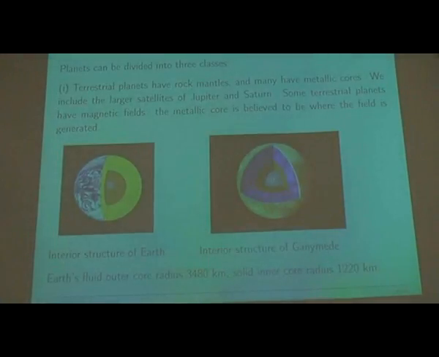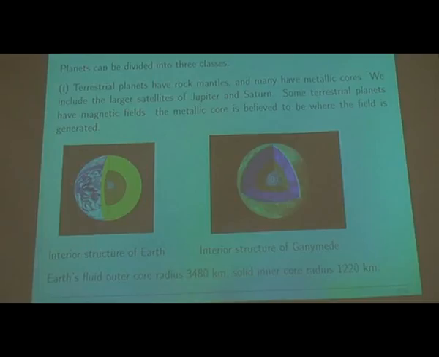Okay, so here are some pictures of what we've got. Planets are by and large divided into three classes. There are terrestrial planets, giant planets, the gas giants, Jupiter and Saturn in our own solar system, and the ice giants, Neptune and Uranus, which have rather different internal compositions, and we'll come to those later.